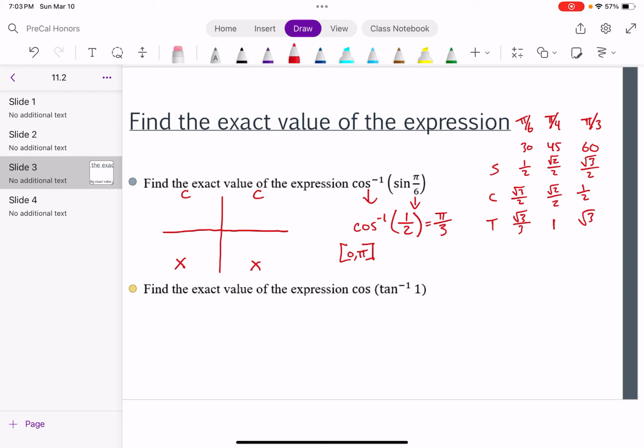So as we can see, the inverse cosine would give us pi over 3. Pi over 3 would fall right here within that first quadrant. Let's take a look at our next example.